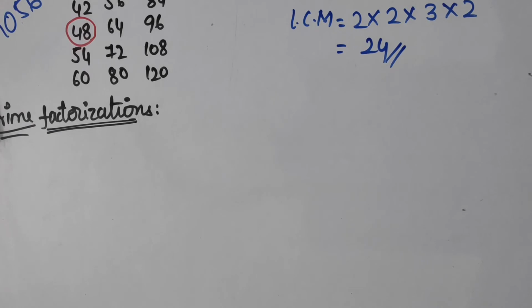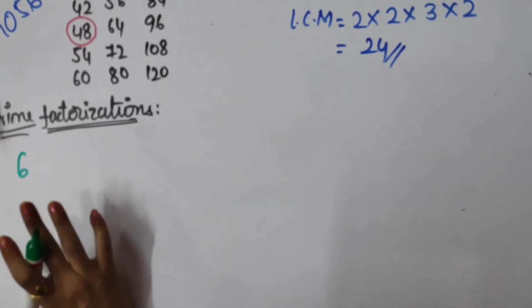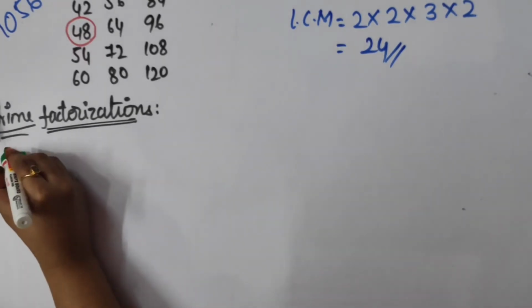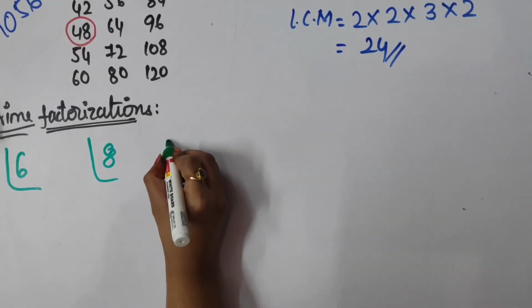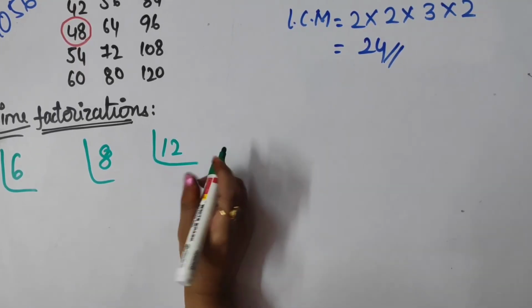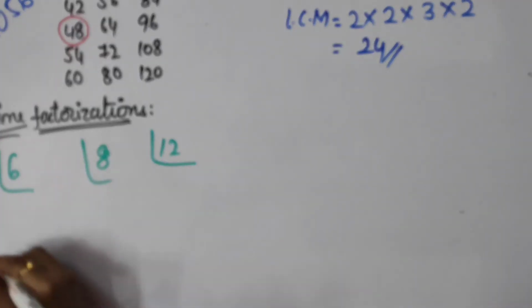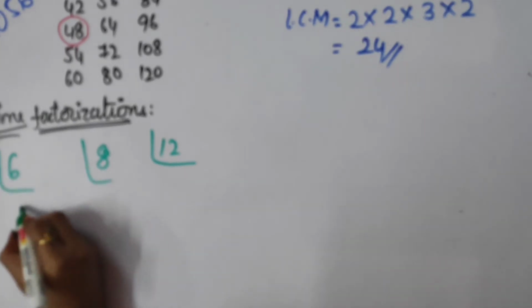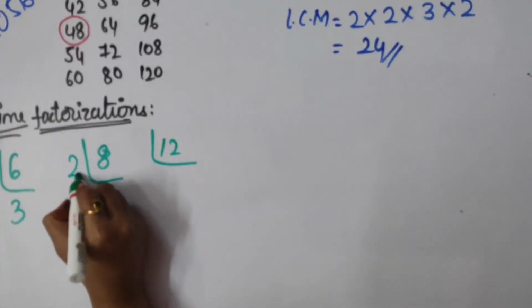In this method, we need to find the factors of 6, 8 and 12. So here we go. I'm going to do this method through division, which is going to be easy. 6, 8 and 12. Coming to 6, 2 into 3, and 8, 2 into 4.